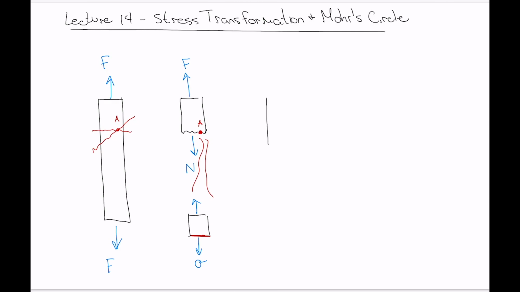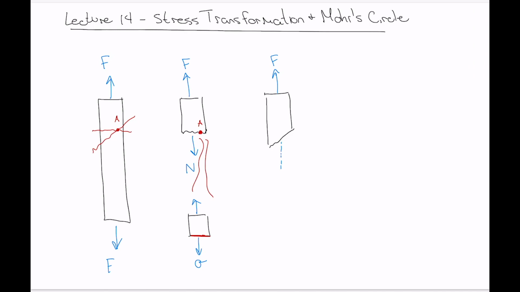Okay, well, we've got a free body diagram that looks something like this, where we've got a force F, and we know that we have to have a force that is equal to F in the opposite direction, but you always want to put your internal forces parallel and perpendicular to a section cut so they can be properly defined as normal and shear forces.